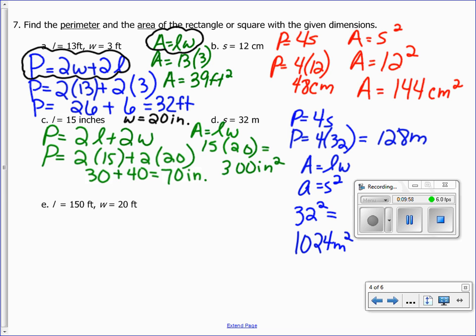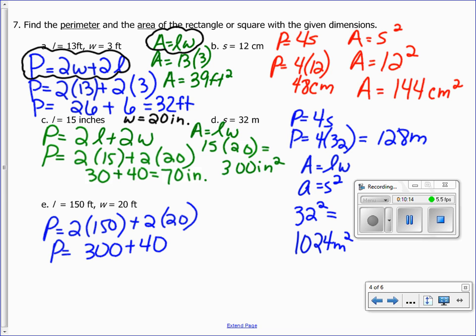All right, on our last example, number 5, perimeter, 2 times 150 plus 2 times 20. Perimeter is going to be equal to 300 plus 40. So the perimeter is going to equal 340 feet.